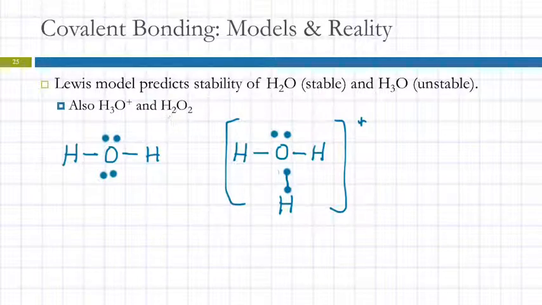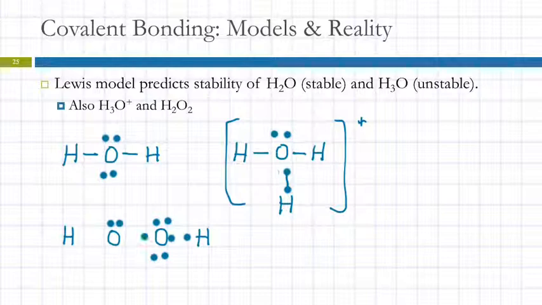Let's look at how we could make H2O2. So each oxygen has 6 valence electrons, and each hydrogen has 1.